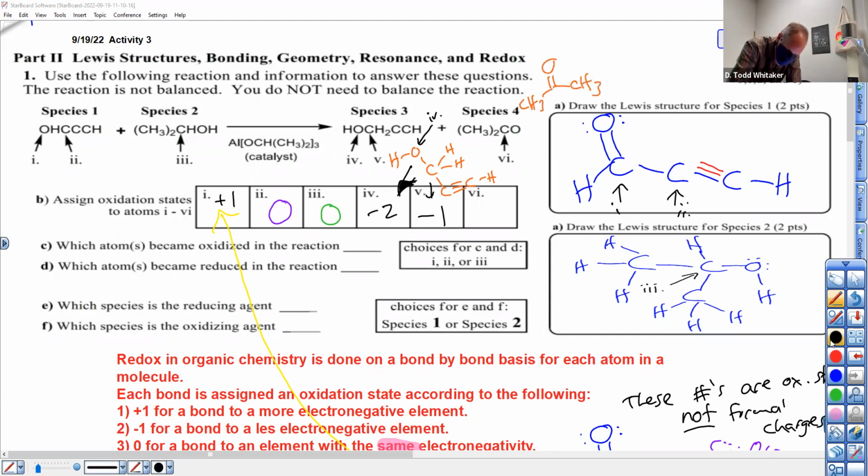That's VI. Each of the 2 bonds to oxygen gives a +1, right? Why? Because oxygen's more electronegative. +1, +1, 0, 0. +2. VI. +1, +1 for each of the H's. 0, 0 for each of the bonds to C.